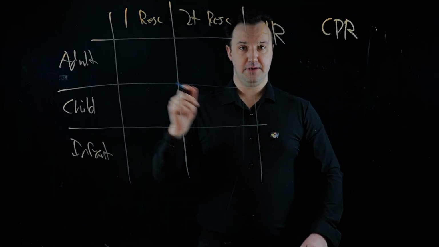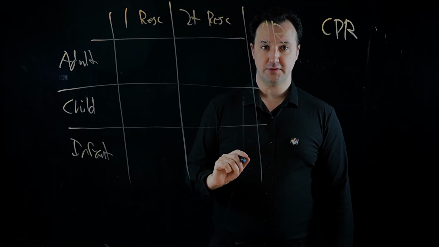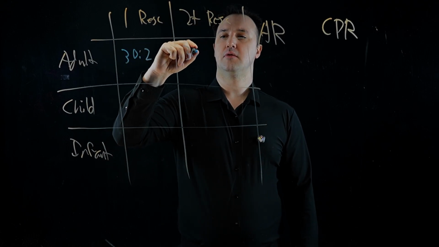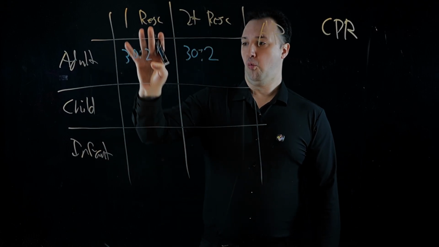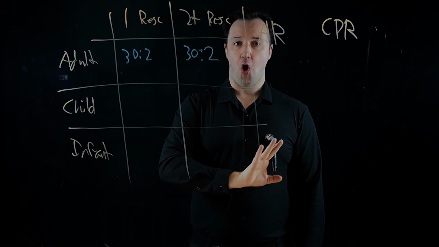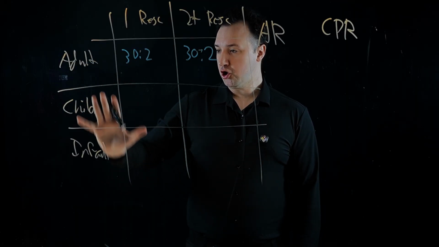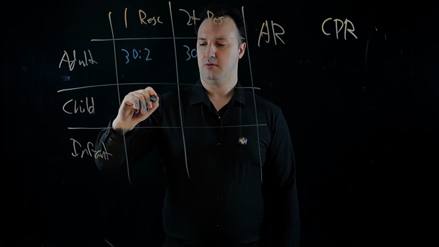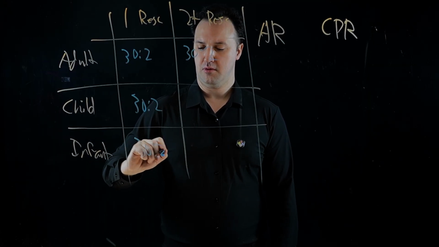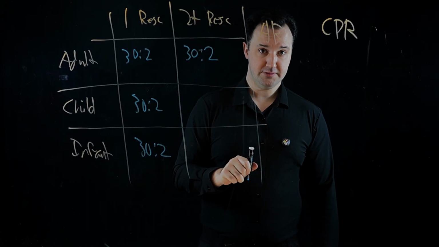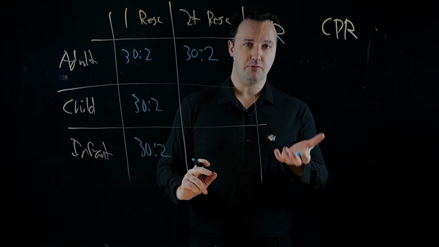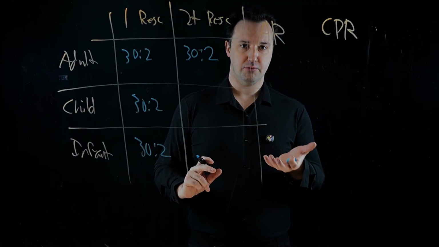An adult is going to always be 30 to 2 regardless of number of rescuers. 1 rescuer CPR is always going to be 30 to 2 regardless of age range, puberty, etc. Because children and infants have higher base heart rates and require faster compressions.